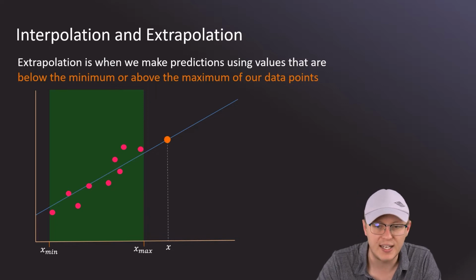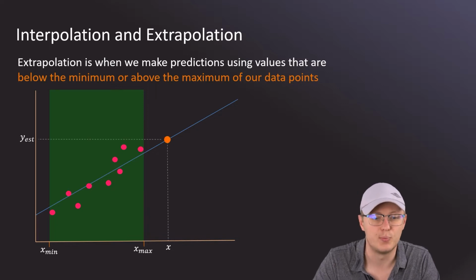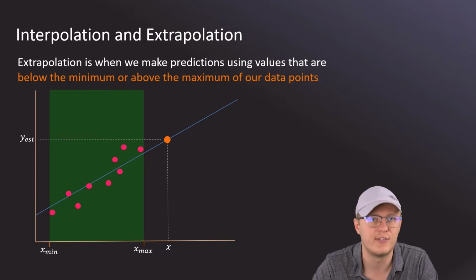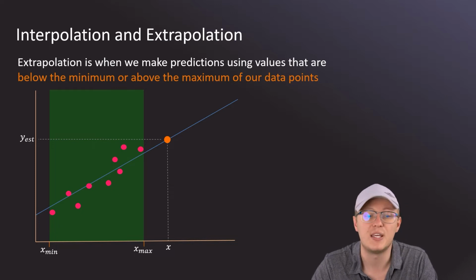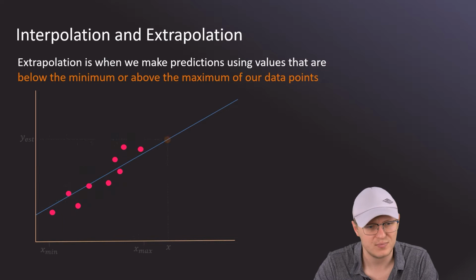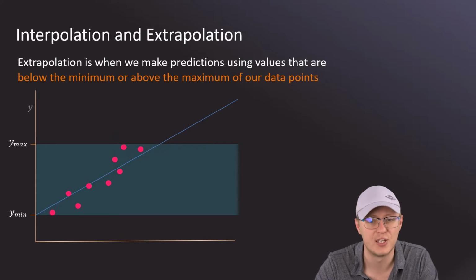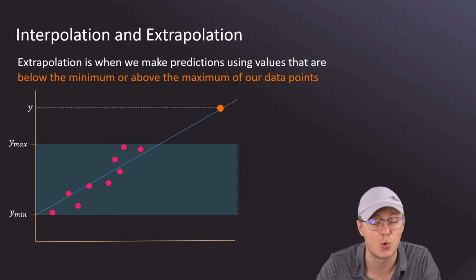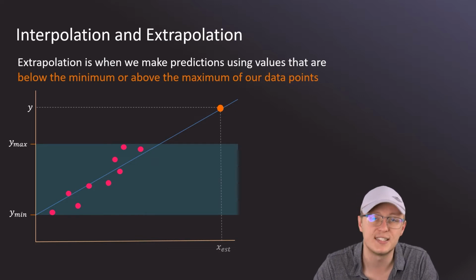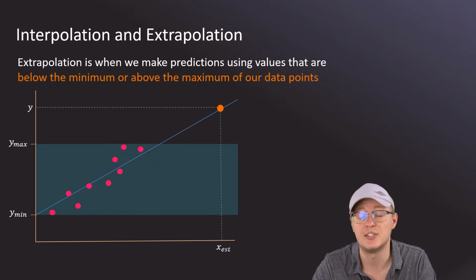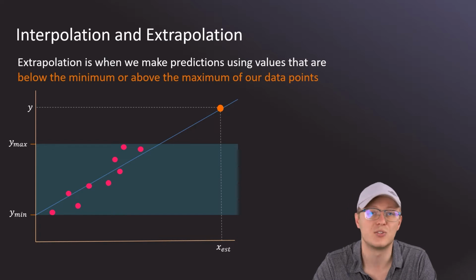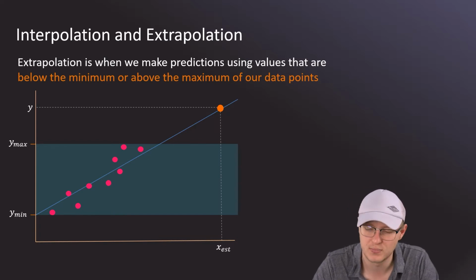So if we use that x value there in order to predict or estimate that y value there, that would be extrapolation. And the same goes for the y values. If we use a y value that's not within the range of our existing y values, and we predict an x value from that using our least squares regression line, that would be extrapolation.